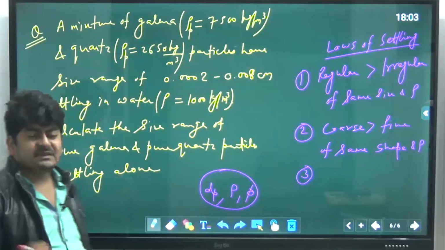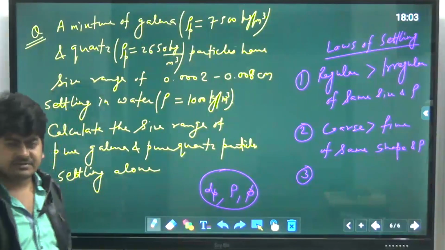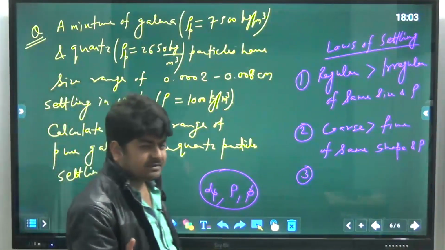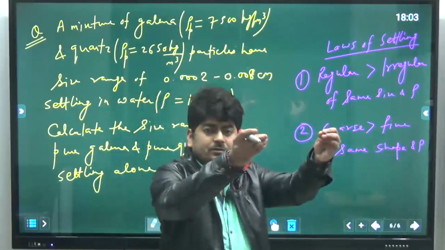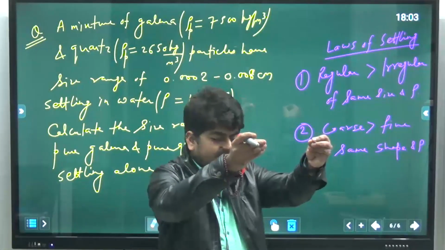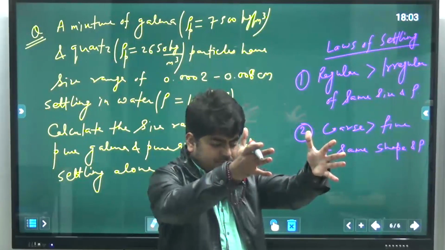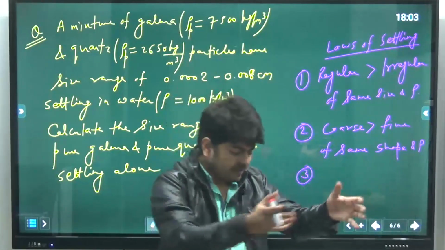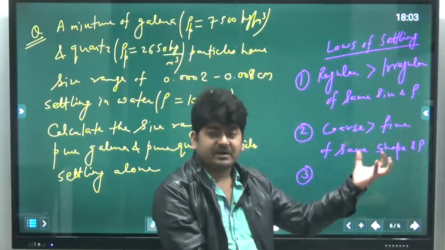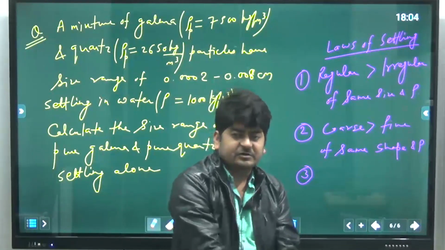Like if you have two spherical particles, 1 meter dia and 1 centimeter dia, made up of the same material obviously, and you throw them simultaneously, the 1 meter dia particle will have faster settling velocity as compared to the 1 centimeter dia particle.